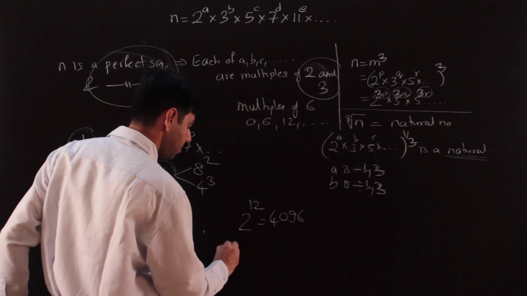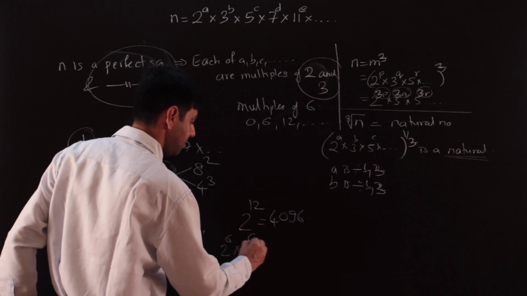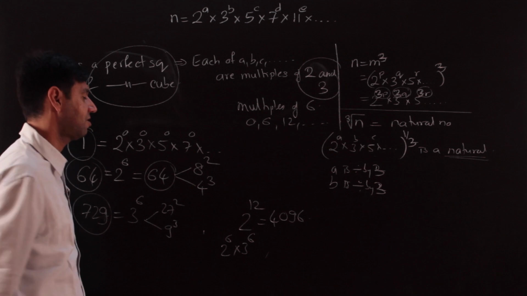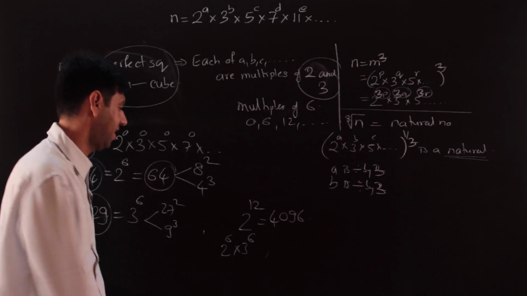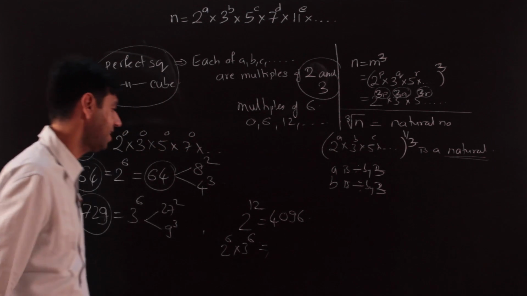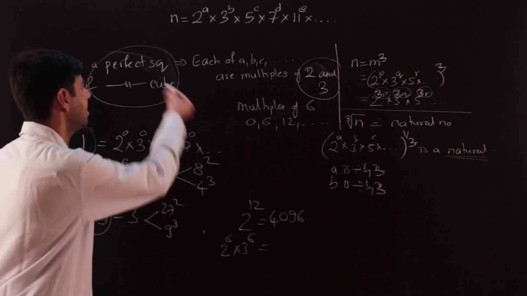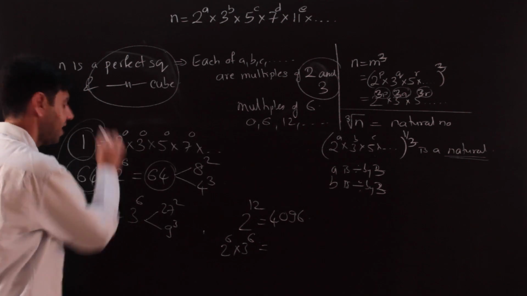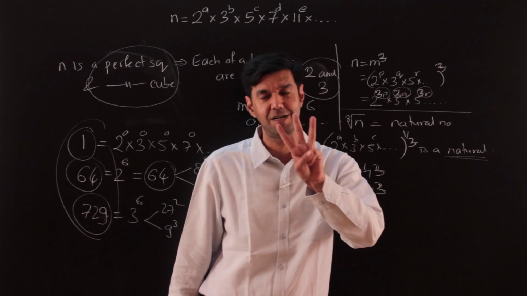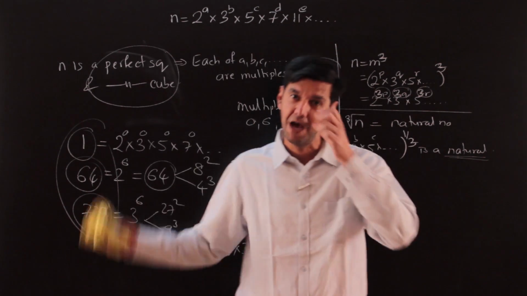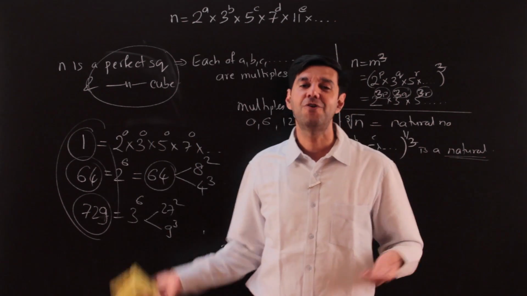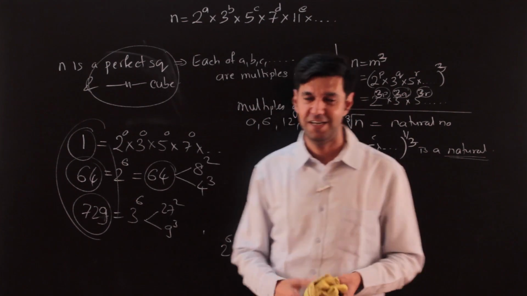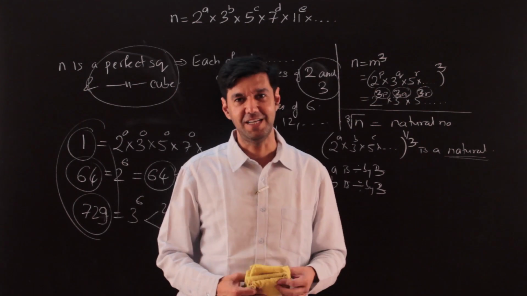Or it's going to be 2 raised to 6 into 3 raised to 6, which is a pretty large number. Even I'm not accustomed to those numbers. So let's leave it. We just got the idea, and we are confident that up till 1000 there are only 3 numbers which are a perfect square as well as a cube: 1, 64 and 729. The next one is 4096 if you want to stretch your preparation.